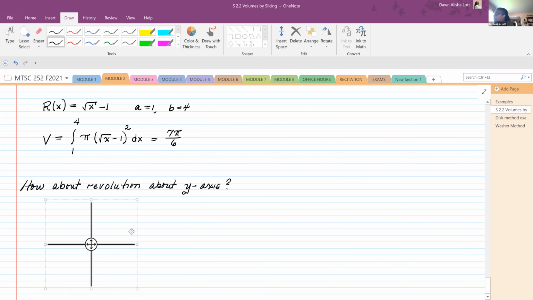So let's say this is my curve, and I want to revolve this region. So this is my region, and I want to revolve it about the y-axis.